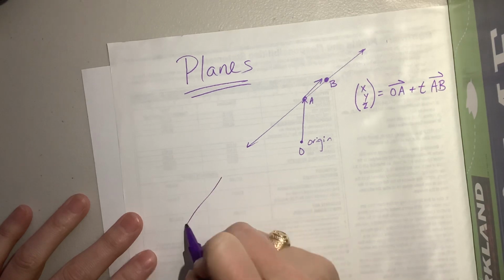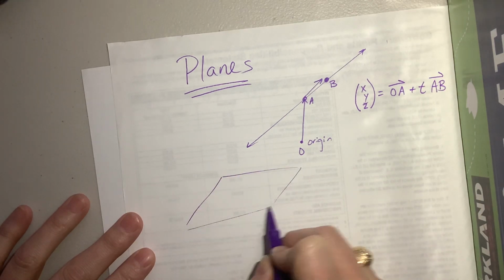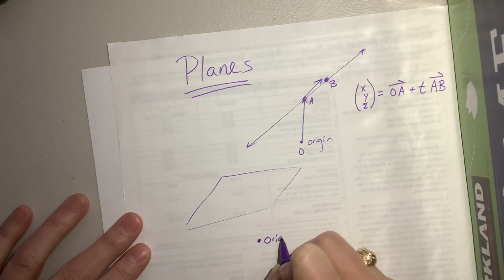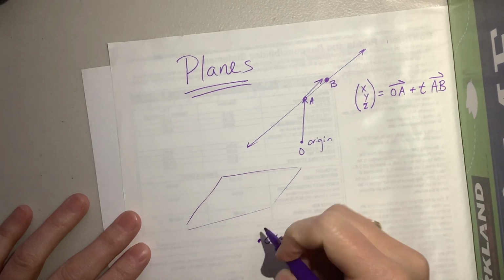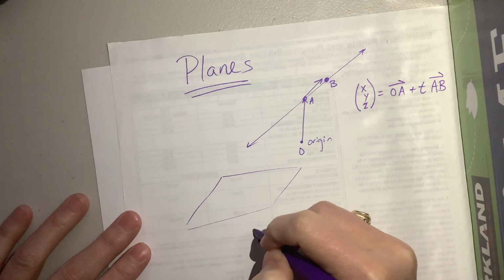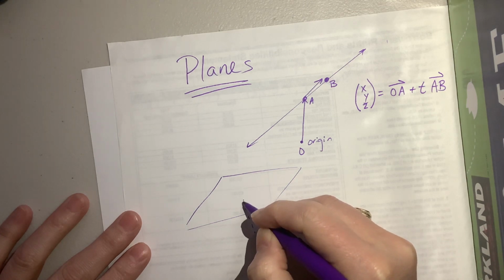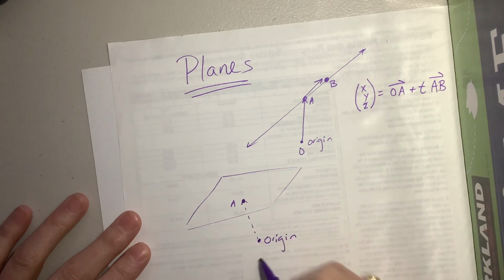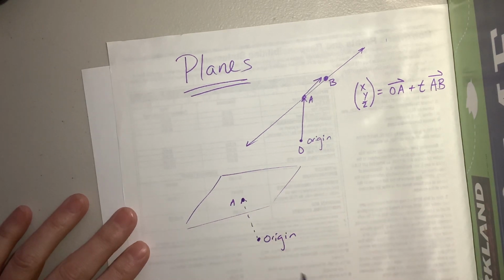Except with a plane, now what we have is, say this is our plane, and here's the origin somewhere. What we have to do first is we have to get to a point on the plane. Okay, so say this is the point A. Then we're first going to need to get from the origin to that plane.